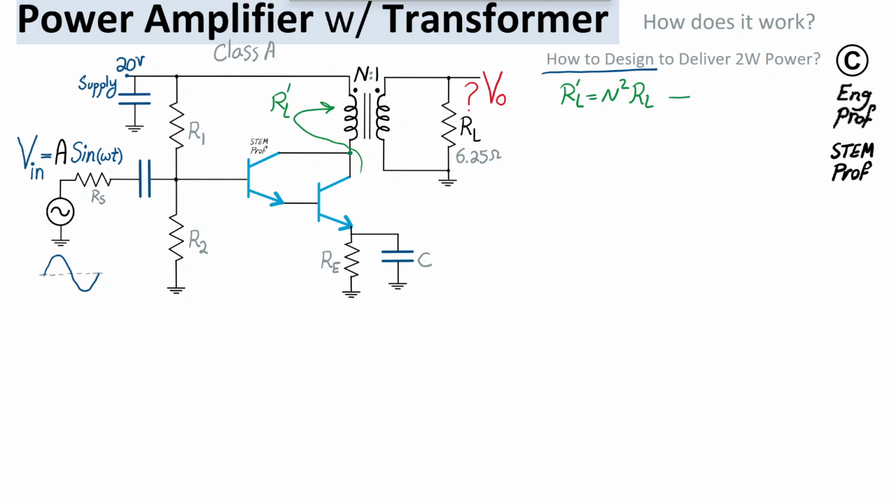This is just coming from the properties of the ideal transformer, in which the voltage of the primary, which I'm going to show in different colors. So let's say this is the voltage of primary, plus minus V1, given the polarity indicated for the transformer.